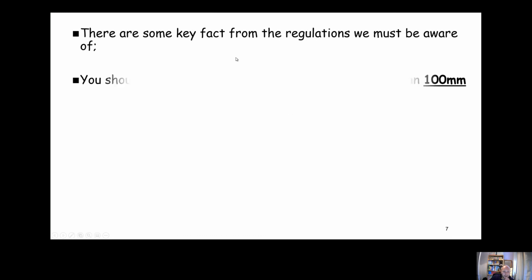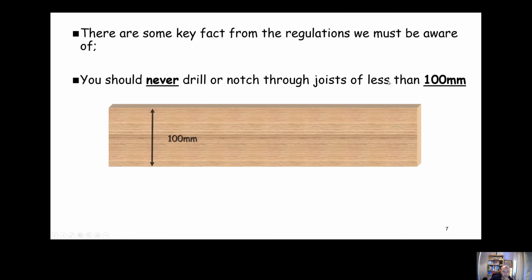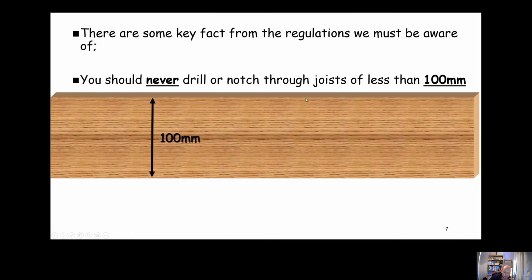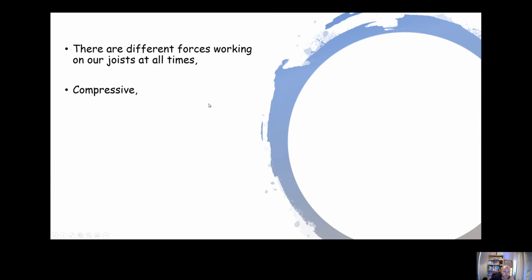Some of the key facts that we need to be aware of: never ever drill or notch through any joists that are less than 100 mm in depth. If you do that, then you're going to be putting the structure at risk of collapse. And there's only very specific sections of the joist that can be notched and specific parts which can be drilled, and we're going to look at the reasons for that now.